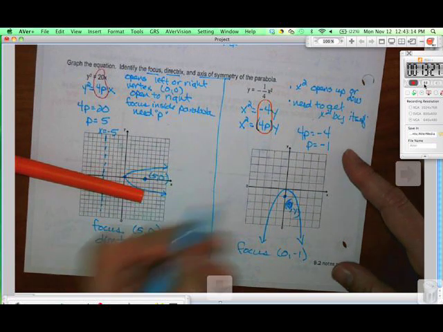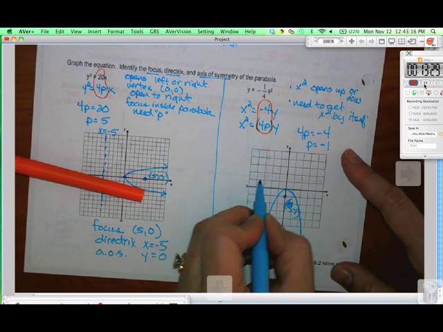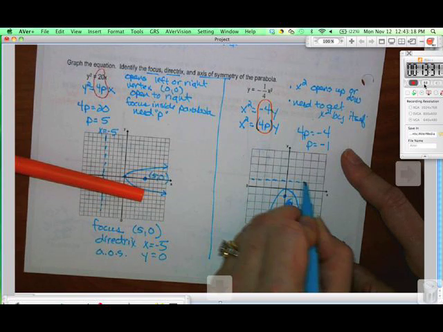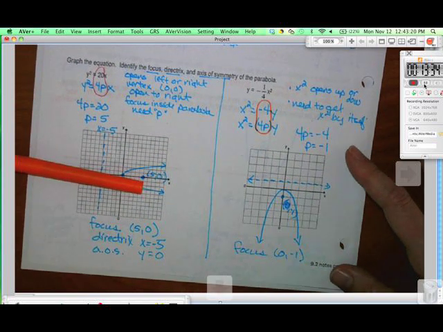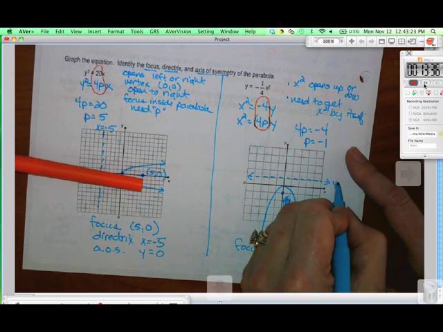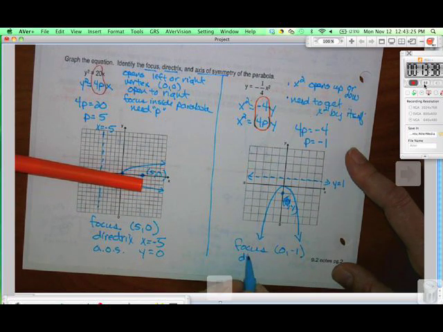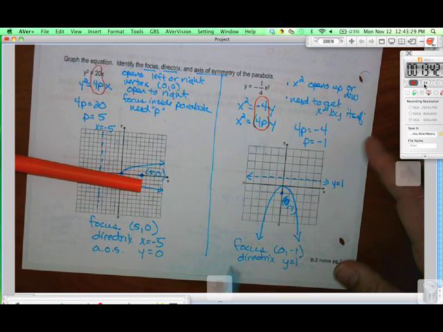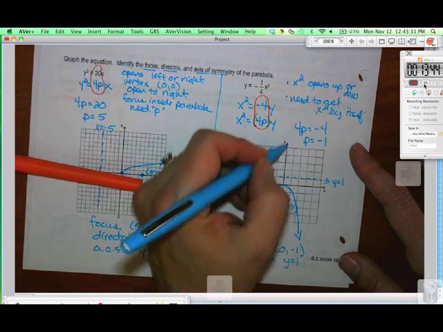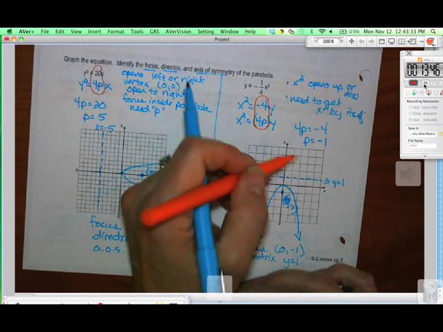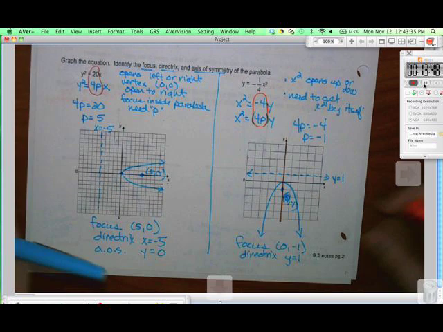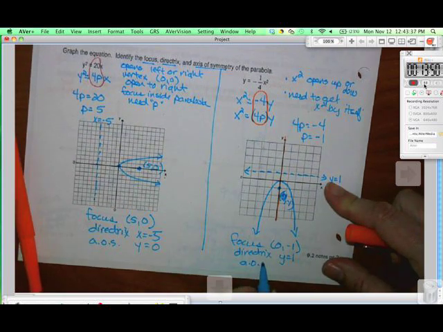I know my directrix is exactly opposite that on the other side of the vertex, and the equation of that line is y equals 1. And then my axis of symmetry is going to be the y-axis here. Axis of symmetry is x equals 0.